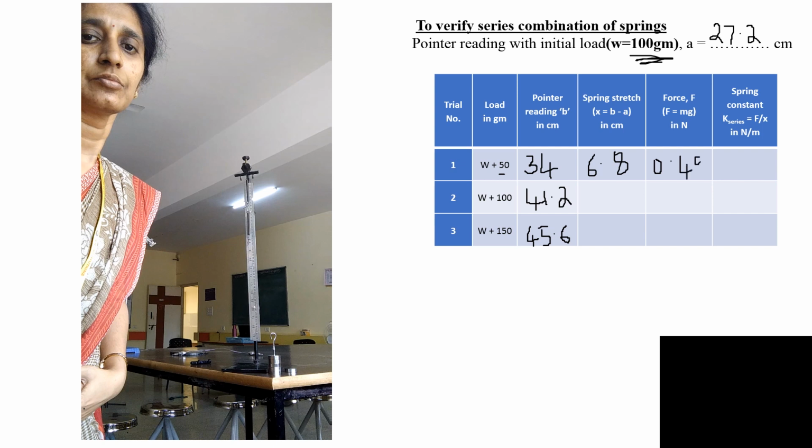So K series is F by X. F is 0.49 and X is 6.8 centimeter, converted into meter by multiplying by 10 raised to minus 2. So the K value comes out to be 7.20.